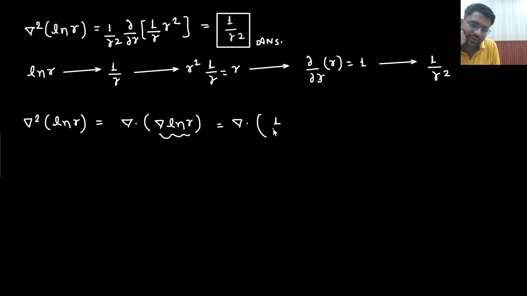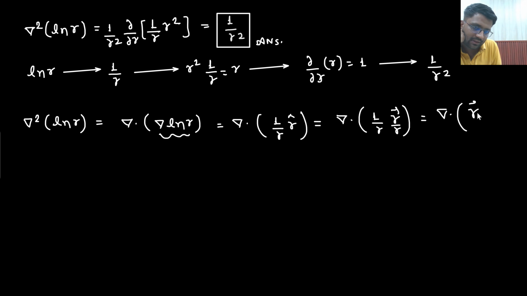Del dot 1 by r r cap. Now can you write down r cap in some different way? That will come out to be r vector divided by r. So sir, it will come out to be r vector divided by r square.